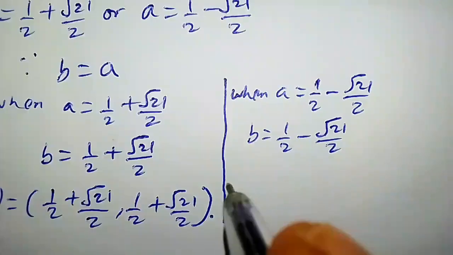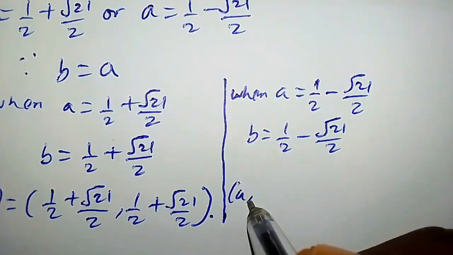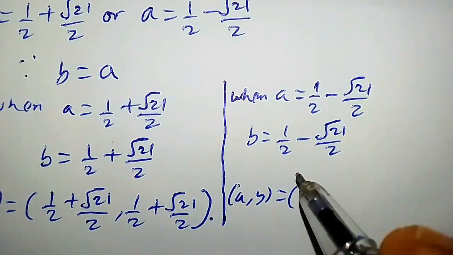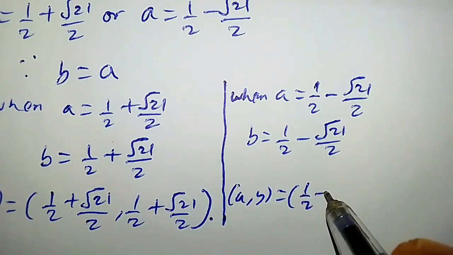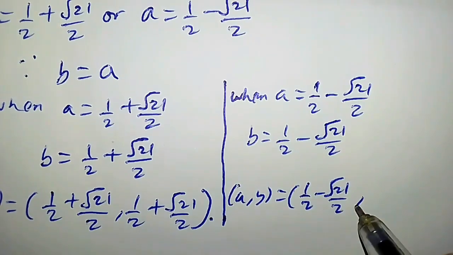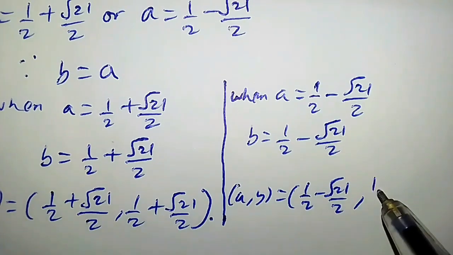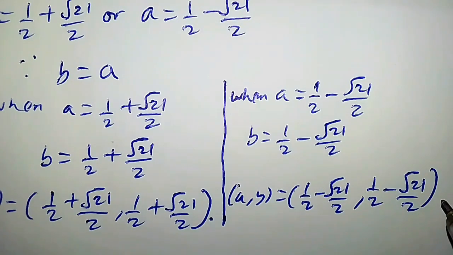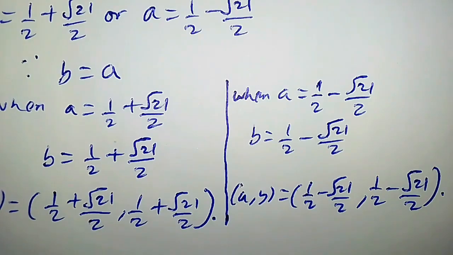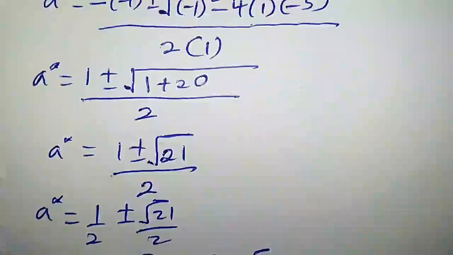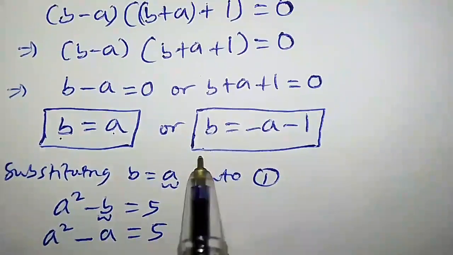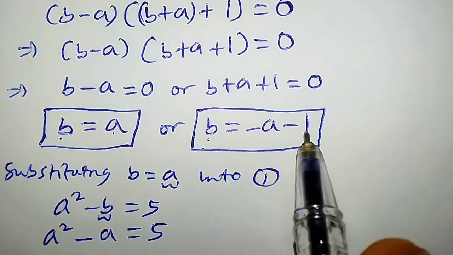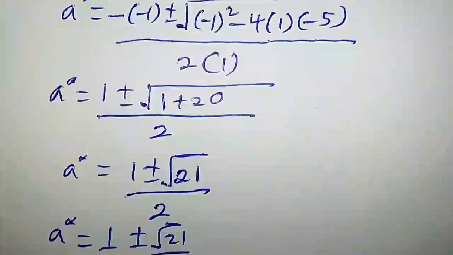This means that the second solution (a, b) is 1/2 − √21/2, comma, 1/2 − √21/2. This is the second solution. Take note of them. The next step we are going to take now is to consider when b is equal to −a − 1. Let's continue.